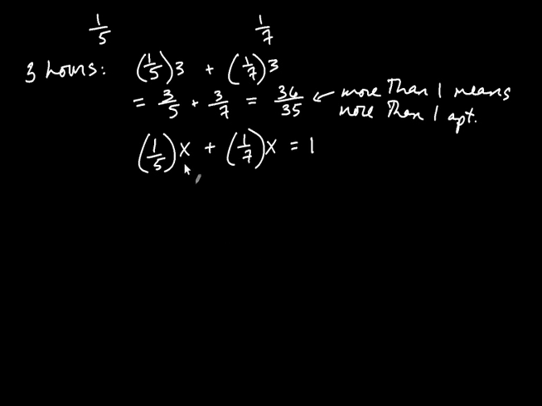You see that? This is how much Stevie's cleaned. This is how much Carol's cleaned. And if you add them together and you have just the right time, you should get 1. Well, we can solve this equation, right? So let me write this as x over 5 plus x over 7 is equal to 1. So I'm going to multiply both sides by the common denominator, which is 35.